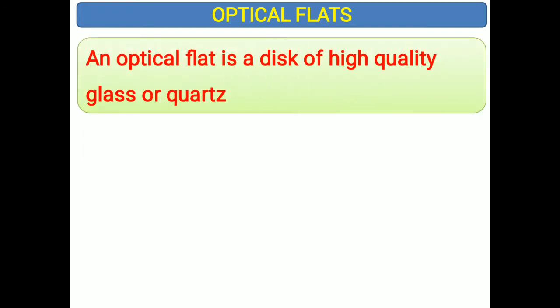So you can see here, an optical flat is a disc of high quality glass or quartz, means it is made up of high quality glass or quartz material.